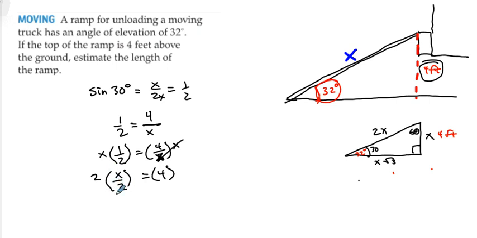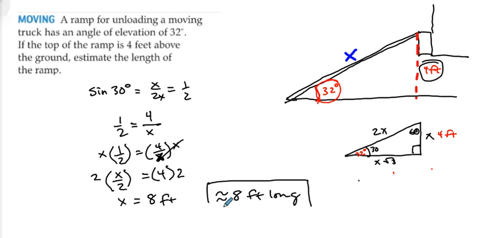So if you got 1/2, you multiply by 2 over 1. You get x is equal to 8. If you think about it, this is saying this is 4 times this, and 4 times 2 is 8, so you could kind of reason it out. So we estimate the length of the ramp to be 8 feet. To write the answer, you would say about 8 feet long. Approximately 8 feet long is how long this ramp is.